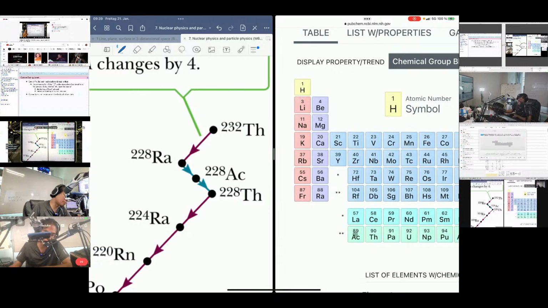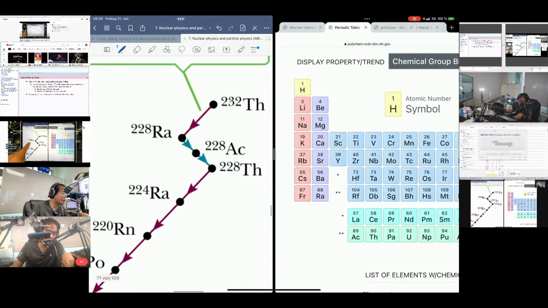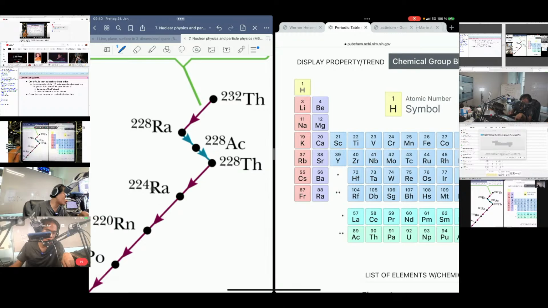And now the thorium nucleus behaves in a different way. It turns into radium-224. It throws away four nucleons, that's helium-4, right? 2 protons are missing from thorium. So thorium here has 90 protons, and 2 protons are thrown away.